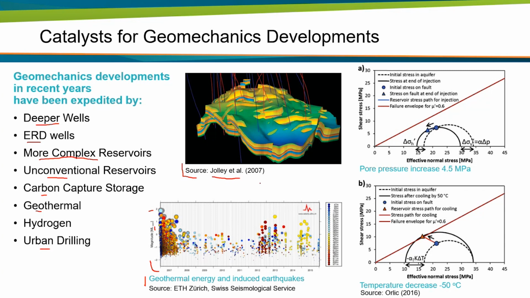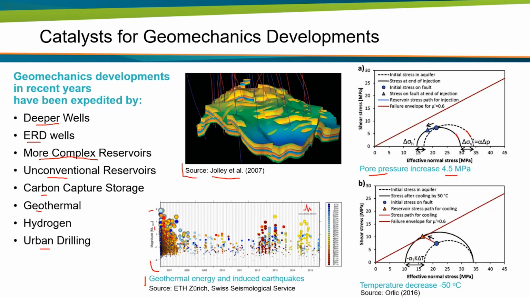Now, on the right-hand side here, I show an example of stress changes during CO2 injection in an aquifer. So here is the effect of a pore pressure increase of 4.5 megapascal. This dashed circle represents the initial state of stress.